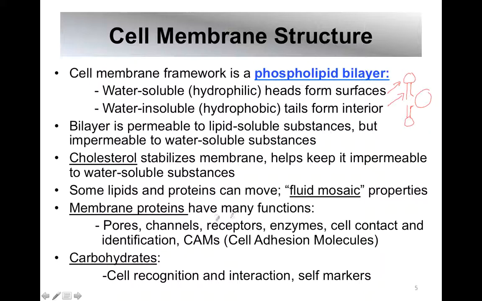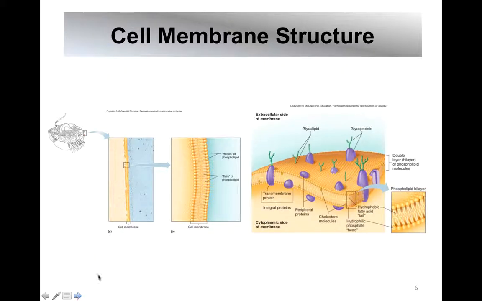And there's a whole group of functions of those membrane proteins. Okay, and we'll talk about a few of those. Carbohydrates are found on the glycoproteins, and those can act as cell recognition, almost like the carbohydrate chains act like little flags on the cell membranes to tell the body that, hey, this cell should be here. So a white blood cell won't come and attack it, hopefully, if it has the right carbohydrate chains on there.